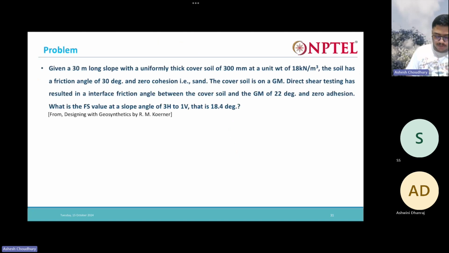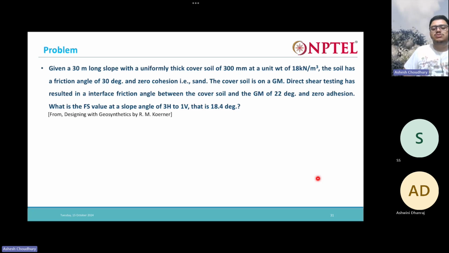Now let us see this problem. Given a 30-meter long slope with a uniformly thick covered soil of 300 mm at a unit weight of 18 kilonewton per meter cube. The soil has a friction angle of 30 degrees and zero cohesion, that is sand.